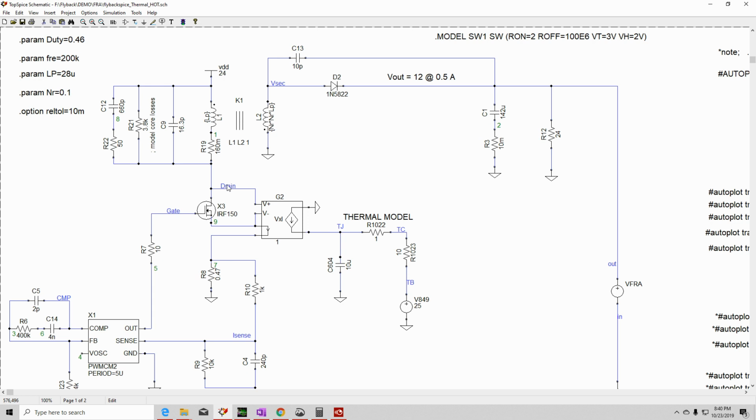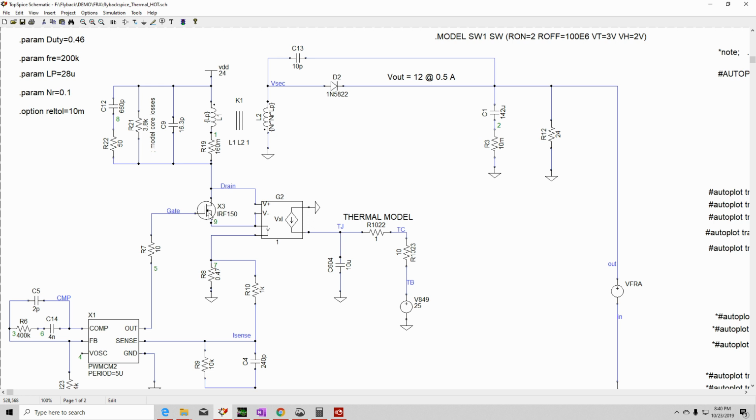And then this node is measuring the voltage across the drain to source. So it measures the drain to source voltage and the current through the MOSFET, and then multiplies them together. And when you multiply the voltage and the current, you get power. In this case, power is going to be represented as a current source. Okay, so that's basically the model that I wanted to show you.